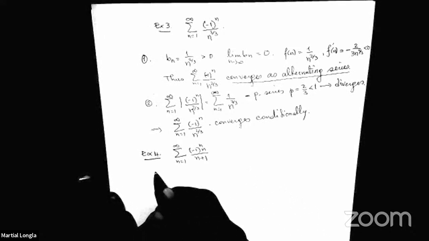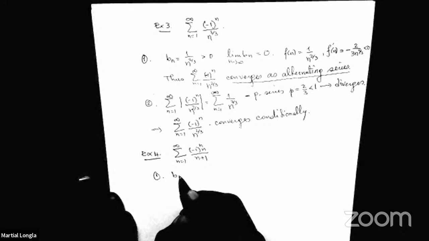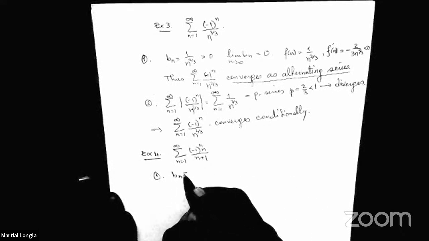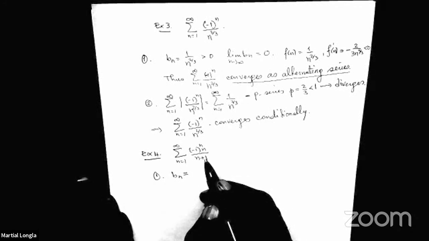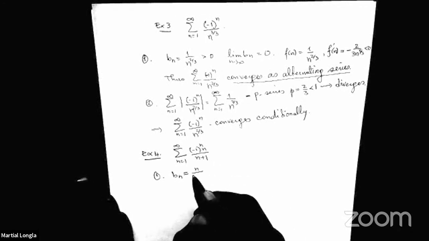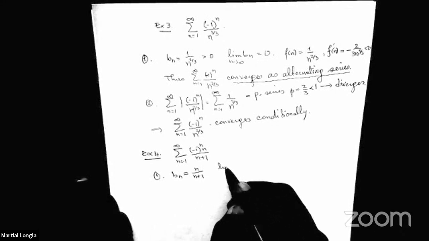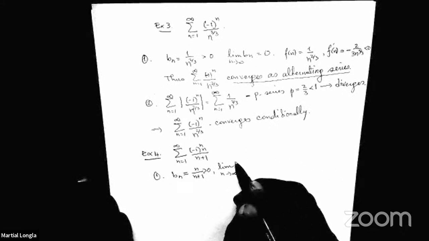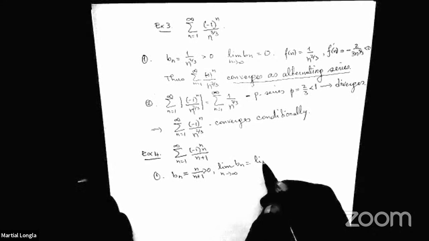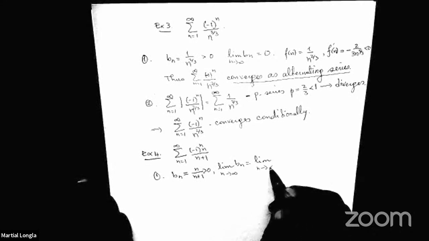So first step, you can get me that b n. What is b n here? N over n plus 1. That's good. Now, as I said, that's positive. Always find the limit first. What's the limit of b n as n goes to infinity? 1. Excellent.